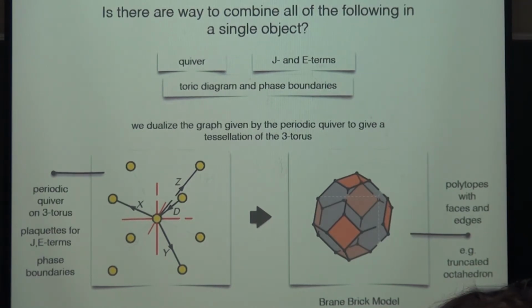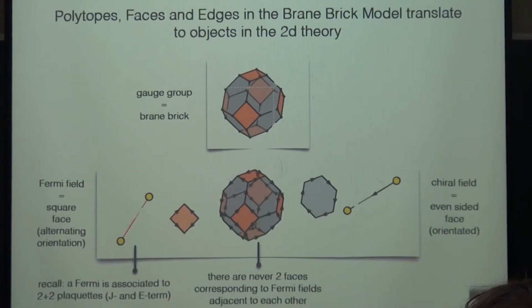What is the special property of this Brane Brick model? It's a tessellation of a three-torus, and three-dimensional polytopes of this tessellation correspond to a gauge group in my 2D (0,2) theory. These polytopes will be made out of even-sided faces.